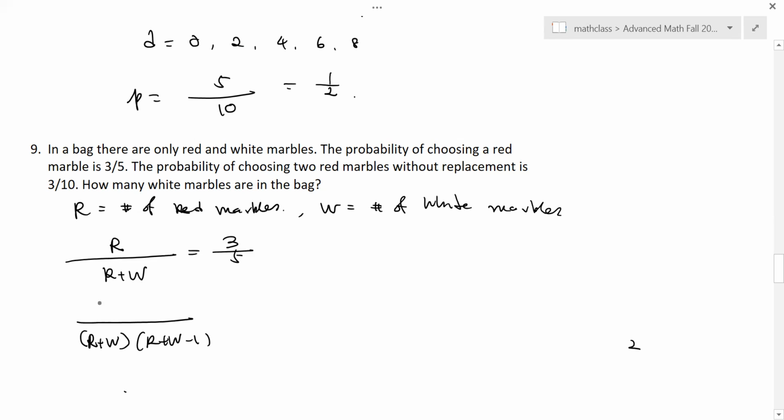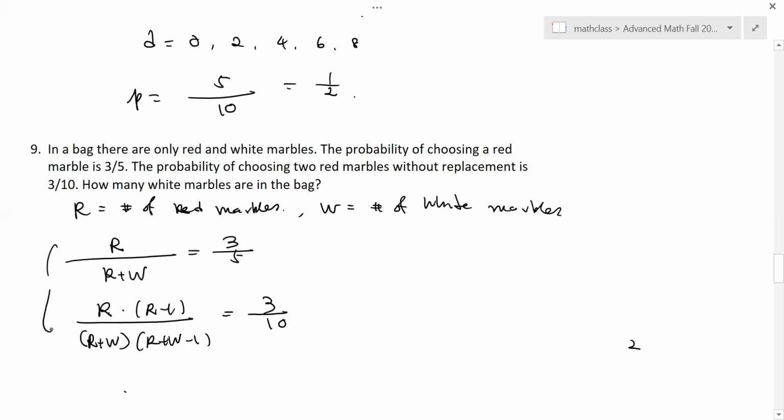For the same reason, for the numerator, you only want to count red marbles. How many possible ways to get red marbles? First of all, the first marble is red. That's R choices. Then you have to select another red marble, it's R minus 1. Now, the probability is 3/10.